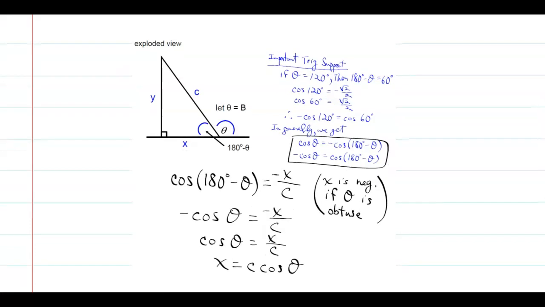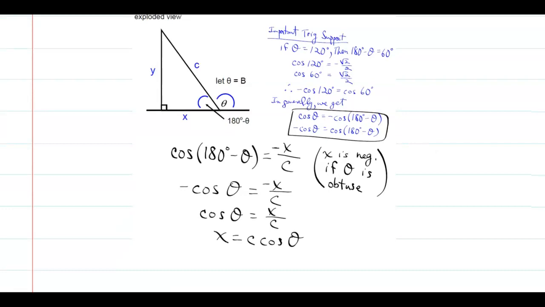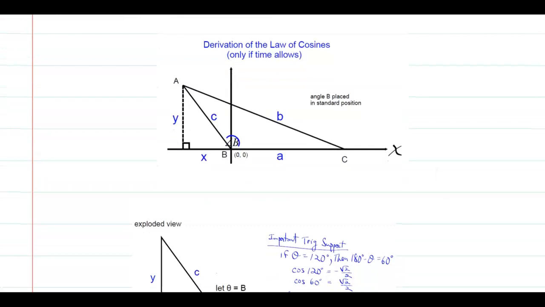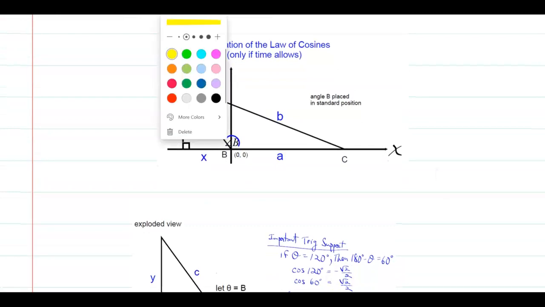Anyway, something important here is that x is equal to c cosine of theta in this problem. x, y, and c are the lengths. c is the hypotenuse. And by the way, that's for this little triangle that's on the side here.